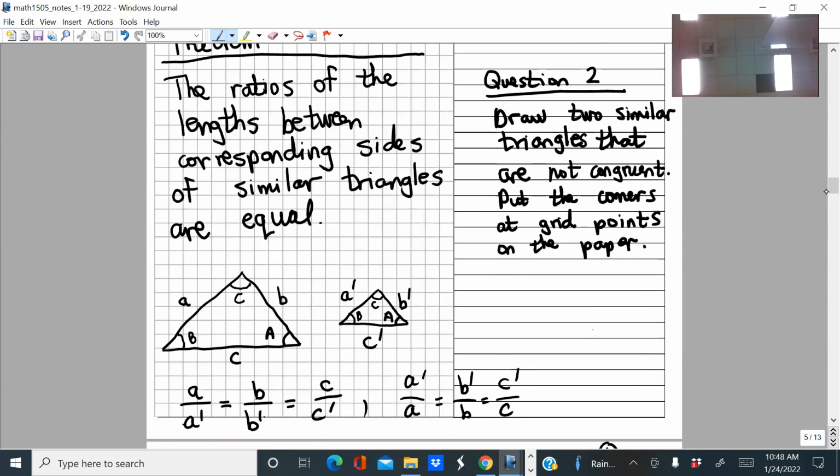They look kind of similar to me, but I stated that they were similar because in the picture I put that this angle has measure C, this angle has measure C, this angle has measure B, this angle has measure B, this angle has measure A, and this angle also has measure A, right? Since I explicitly drew it that way, I'm saying those are similar triangles because they have equal angle measures.